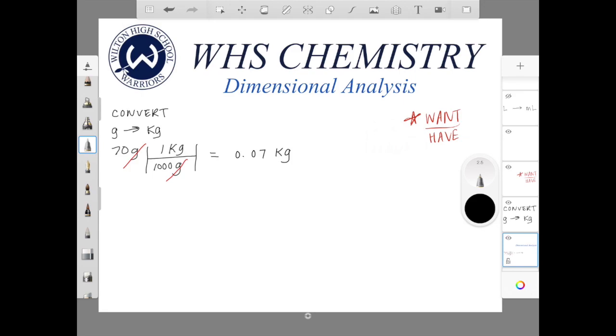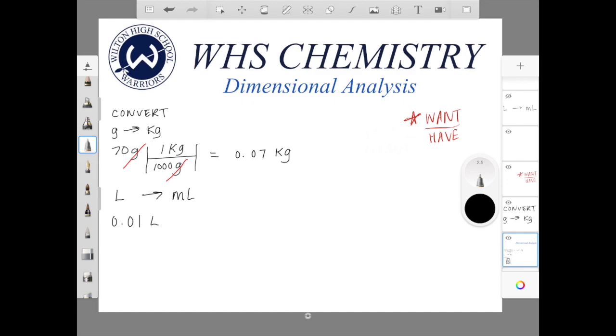So let's try another example. Let's go this time from liters to milliliters. Let's have 0.01 liters. Let's do the same thing. To set up our conversion factor, we do what we want over what we have.